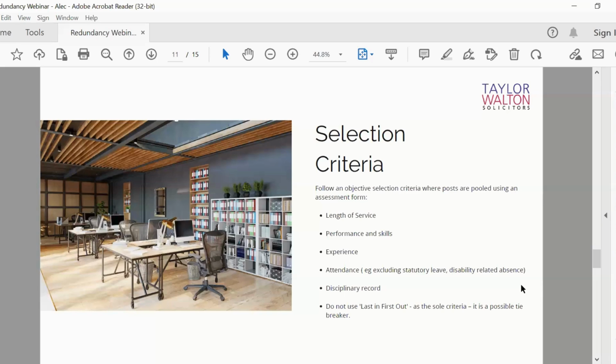Now, if you have an appraisal system in place, that may be used to assess performance and skills. But if not, then it's basically based on the knowledge of the individual managers who are doing the skills assessment. And my recommendation would be that perhaps there should be at least 2 scorers, and they score separately, and we show that an objective score has been made.